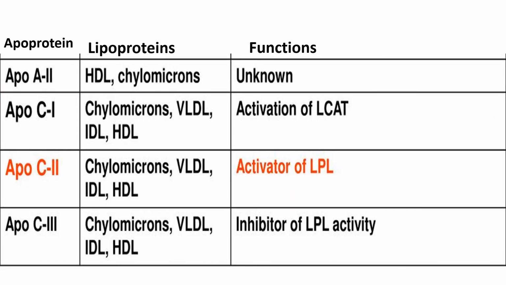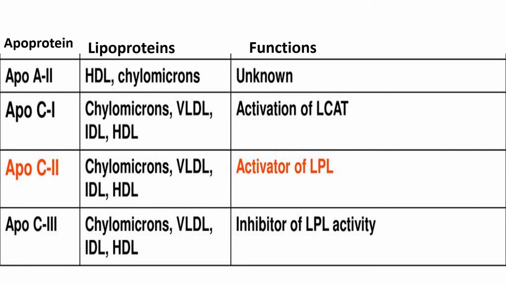Now apoprotein A2 is again a structural component of HDL and chylomicron, but its function so far is not known. ApoC1 is an activator of LCAT. If you recall, ApoA1 was also an activator of LCAT. And ApoC2 is an activator of lipoprotein lipase.